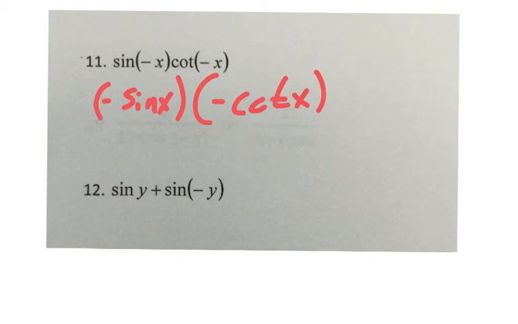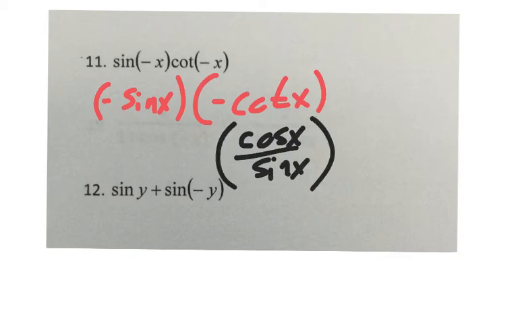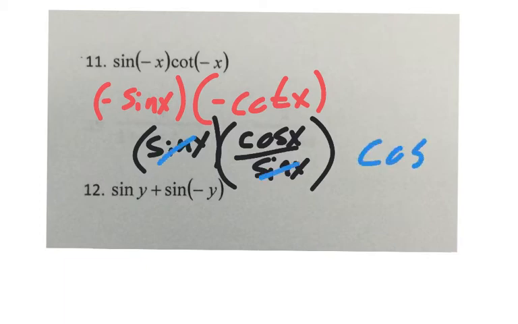Well, I don't really like cotangent, so I'm going to rewrite cotangent as cosine over sine. And then this is multiplied by sine of x. So notice I've went ahead and dropped those negatives, right? Because a negative times a negative is a positive. If you left them, that would be fine too. And then what happens? My sines cancel, and I'm left with cosine.